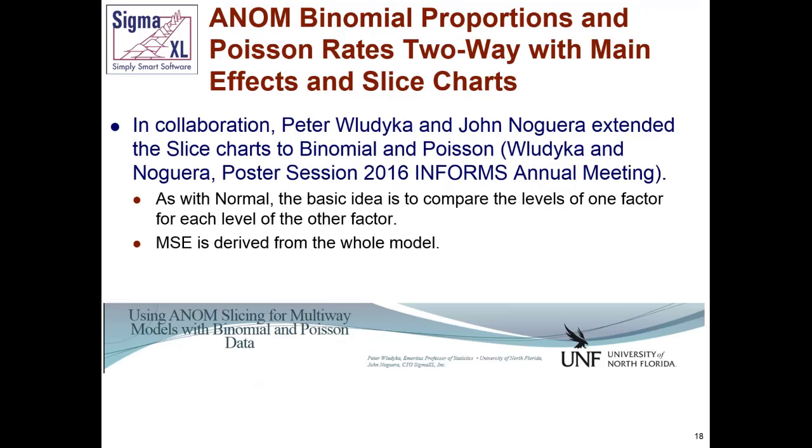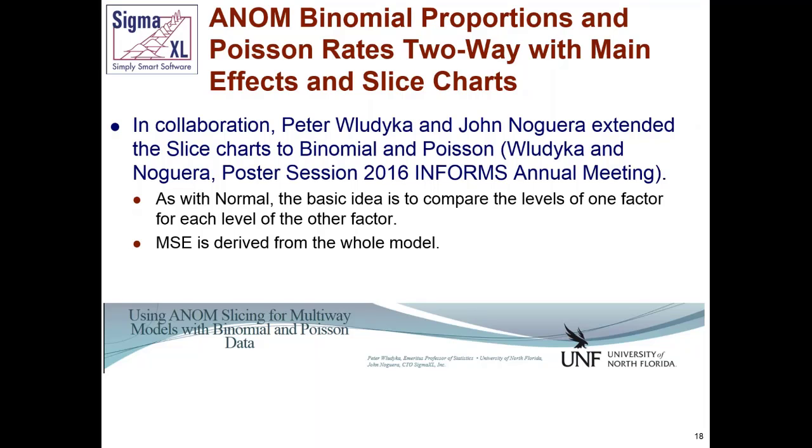Now, in the two-way, this is where Dr. Ludica and I collaborated to extend the slice chart. Somebody asked the question, why do you call it a slice chart? Because Dr. Ludica called it that in his original paper in the Journal of Quality Technology.